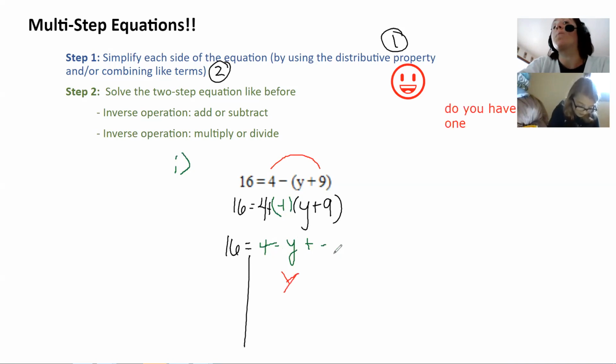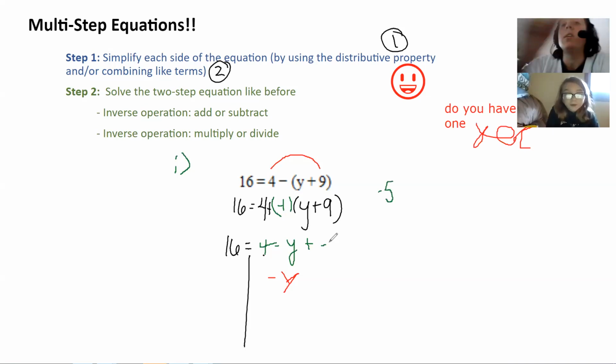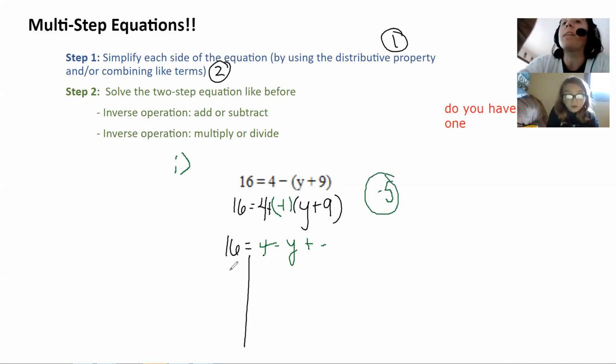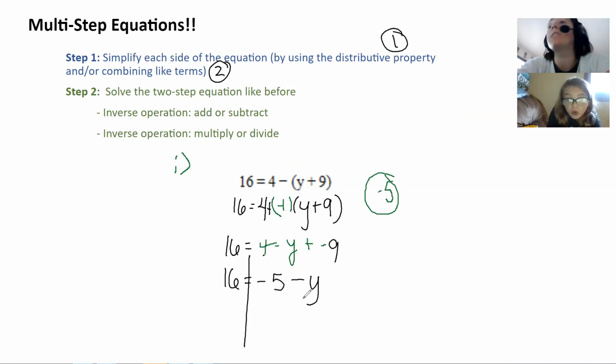So what do we get when we combine 4 with -9? Yep, you still have a negative y left over, you're right. So what's 4 and -9? -5, yeah. 4 plus -9 is -5. So we have -5 minus y there.